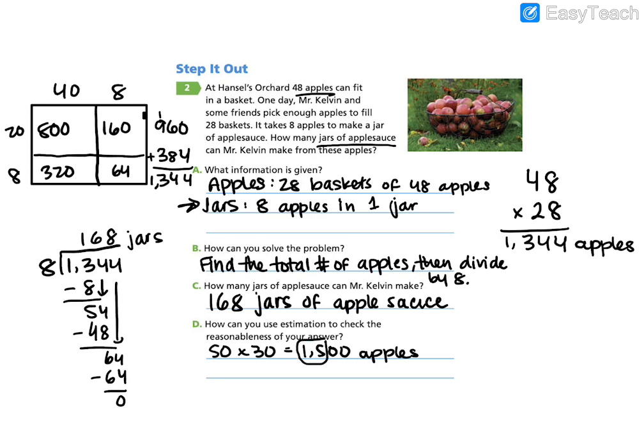I see 15 here, and 15 is close to 16. So if I use 1,600 divided by 8, that will equal 2 hundreds. Then I'm going to get about 200 jars. So does my answer seem reasonable? It does.